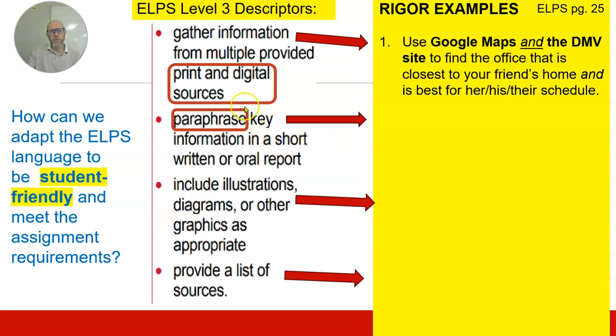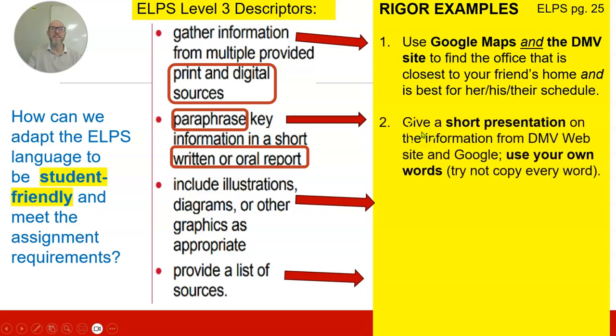So you could see here one word that students might find difficult is paraphrase. What other words do you see here that we could possibly adapt to make more student-friendly? Yeah, probably that oral report, maybe even written an oral report. So think about how you can change that so that an ESL Level 2 student at Wake Tech can understand.